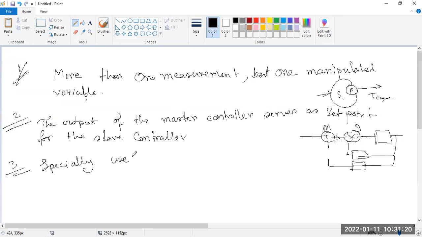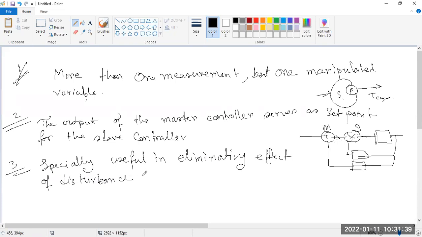Especially useful in eliminating the effect of disturbance that moves the system slowly.